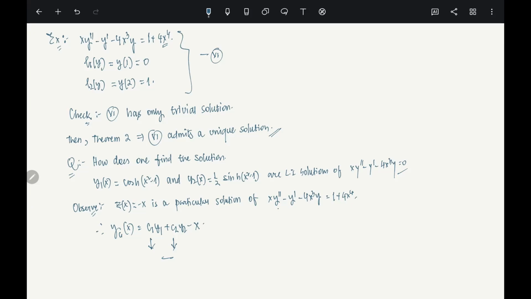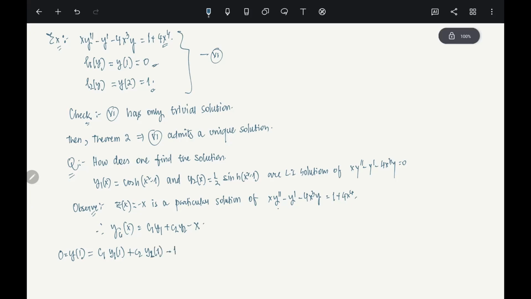See, this data is there: y at the point 1 is 0, and y at the point 2 is 1. If you put this data here, we have 0 = y(1), which is c1 y1(1) + c2 y2(1) − 1.